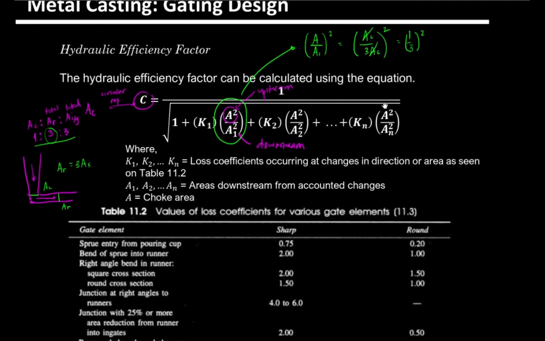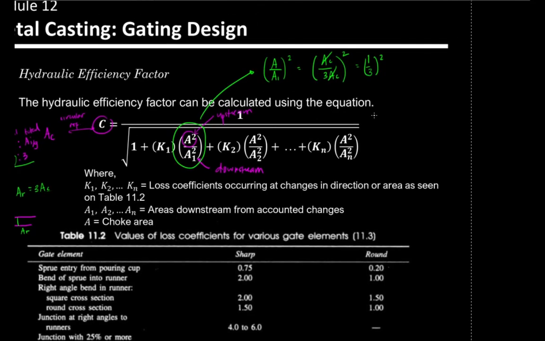Okay. So another one of the erroneous statements I made during that particular segment that I've timestamped in that video is about when we have a directional change. For example, if we have something like this, this is the top view, and let's just say this is the down sprue seen in the top view, and it's running through a runner, and the runner has a directional change.